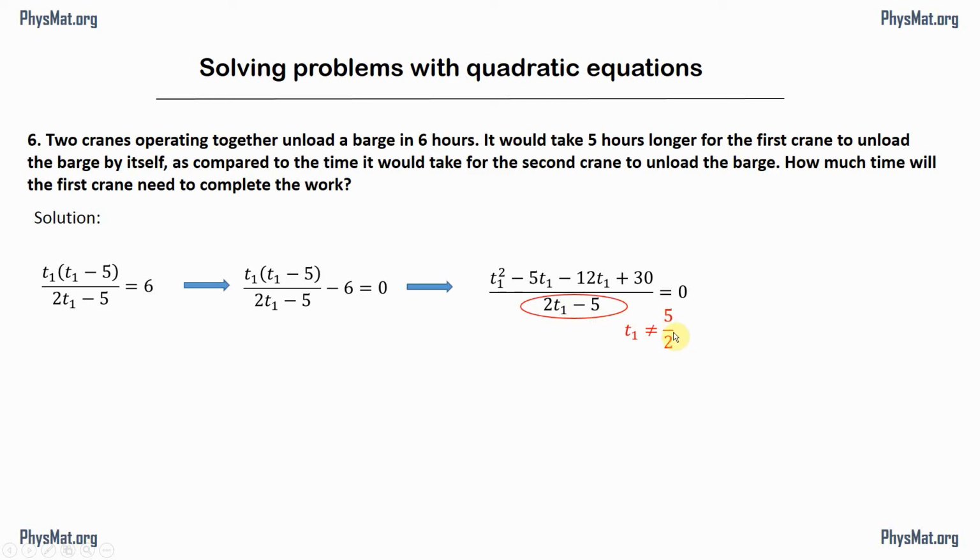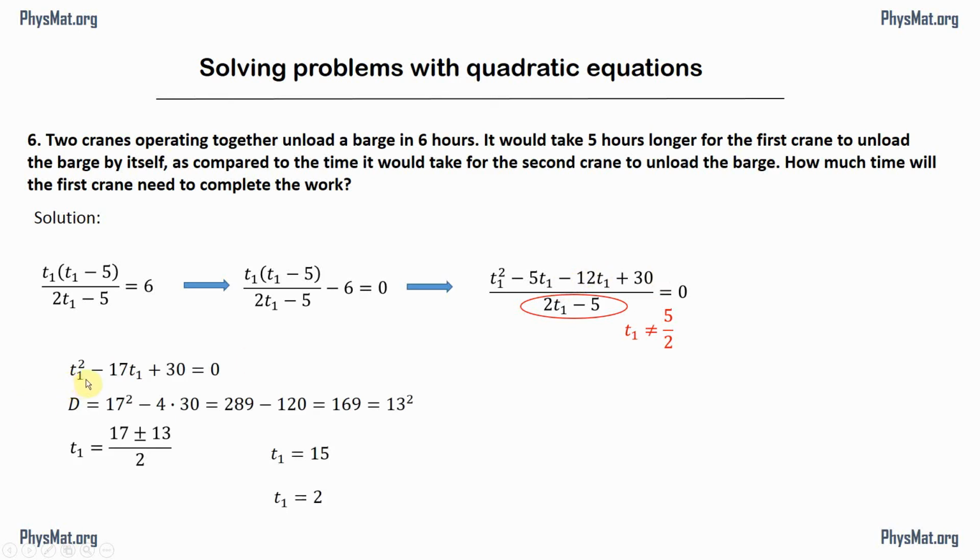That's a new condition, so in principle it could be that one of our solutions is t1 equal to 2.5, and then we would have to reject it because this is a rational equation. So under this condition we just solve the equation where our numerator is equal to 0.